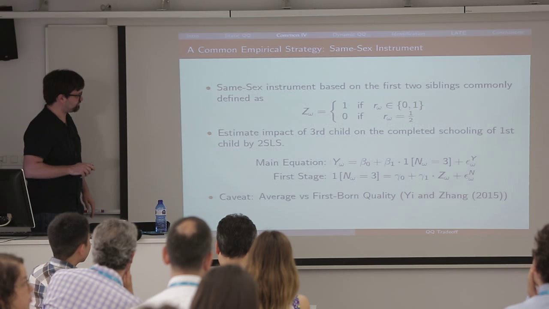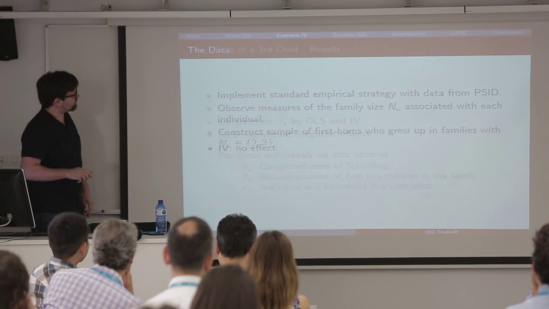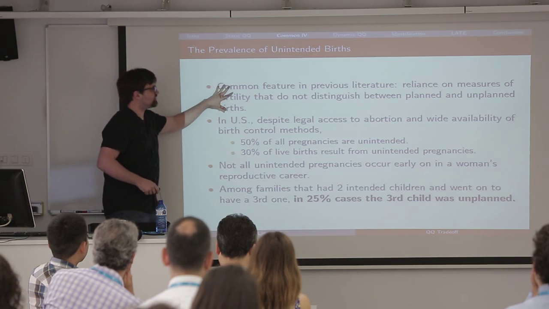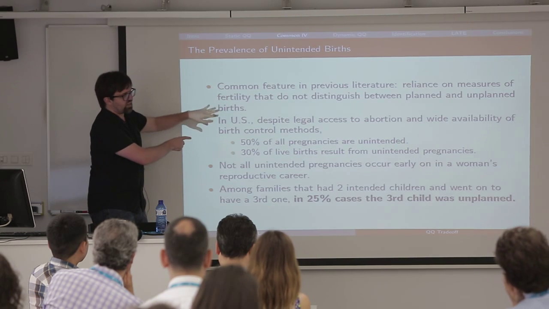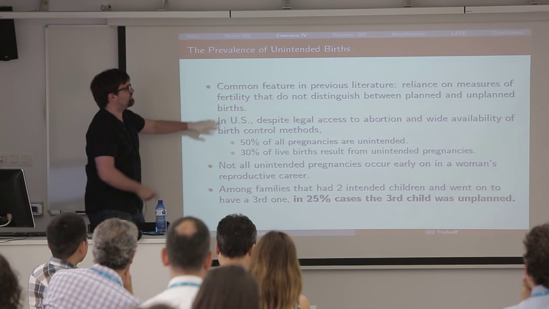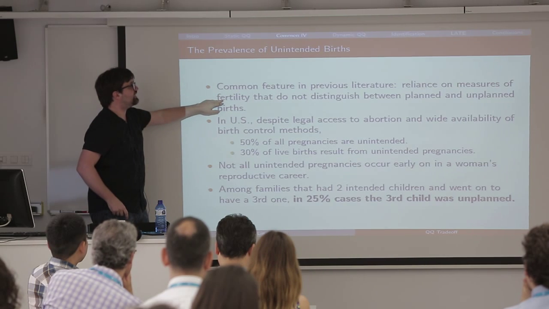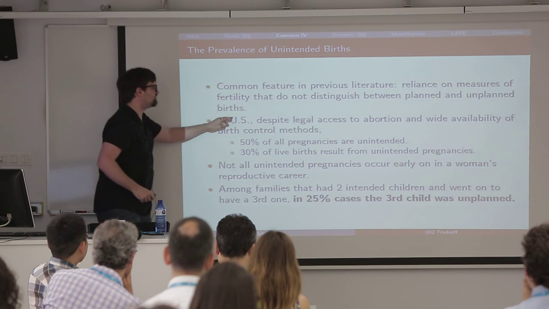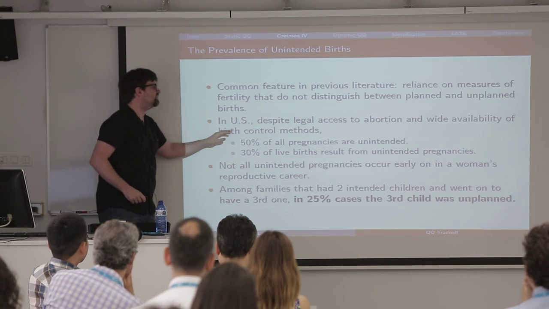So anyways, here comes the issue. All this literature, all those papers I just showed you before, whether with twins or with the same-sex instrument, don't distinguish whether that increase in the third kid is planned or not.